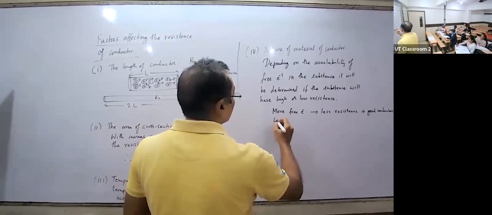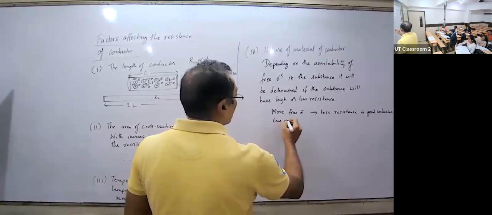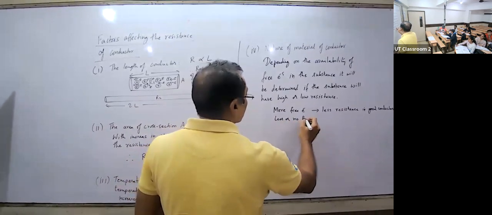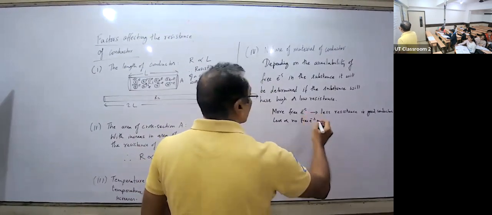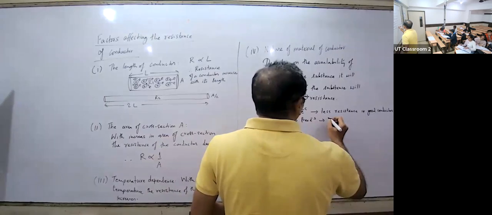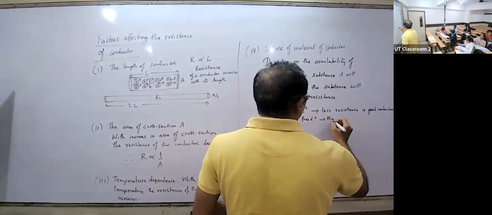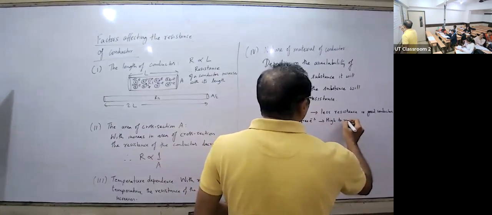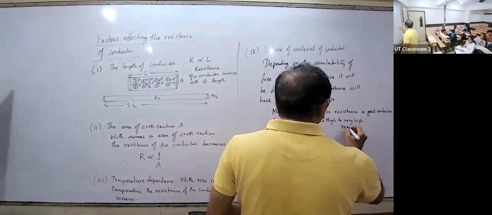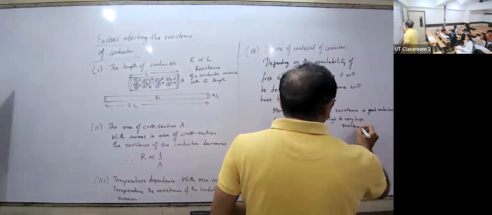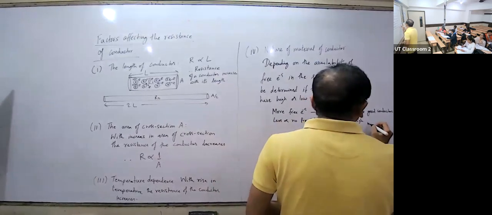Less or no free electrons means very high resistance. That is that.